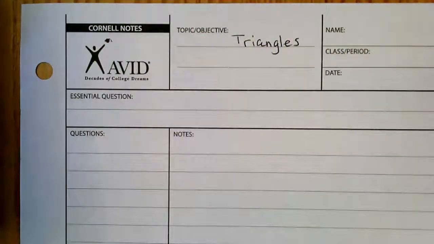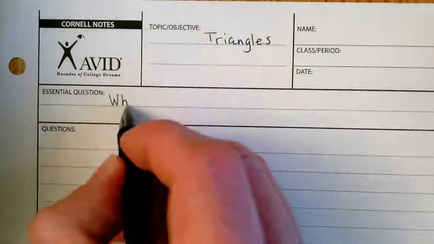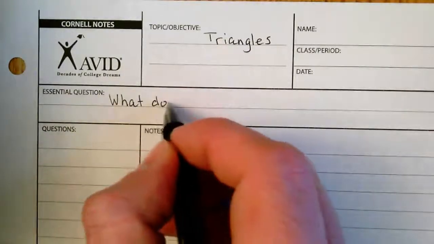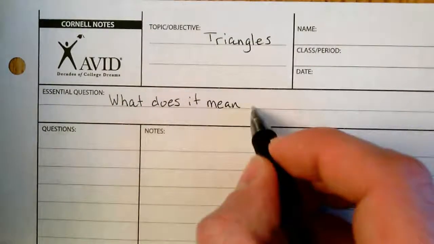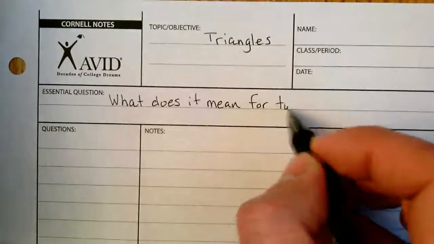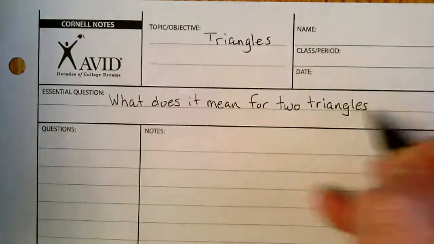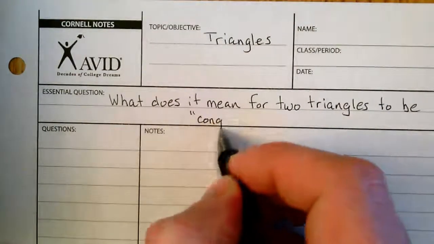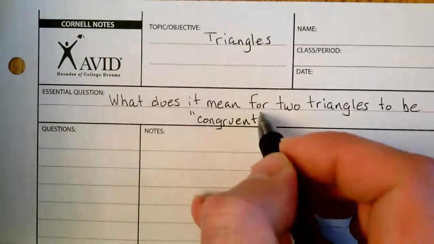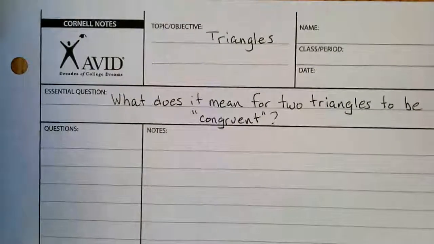Specifically in this case, we're going to be asking, what does it mean for two triangles to be congruent? All right, let's take a look here.